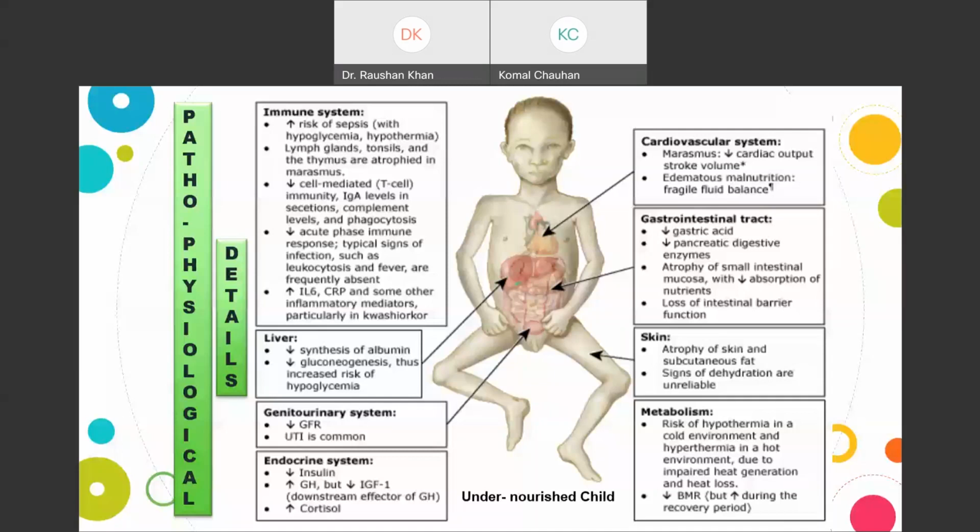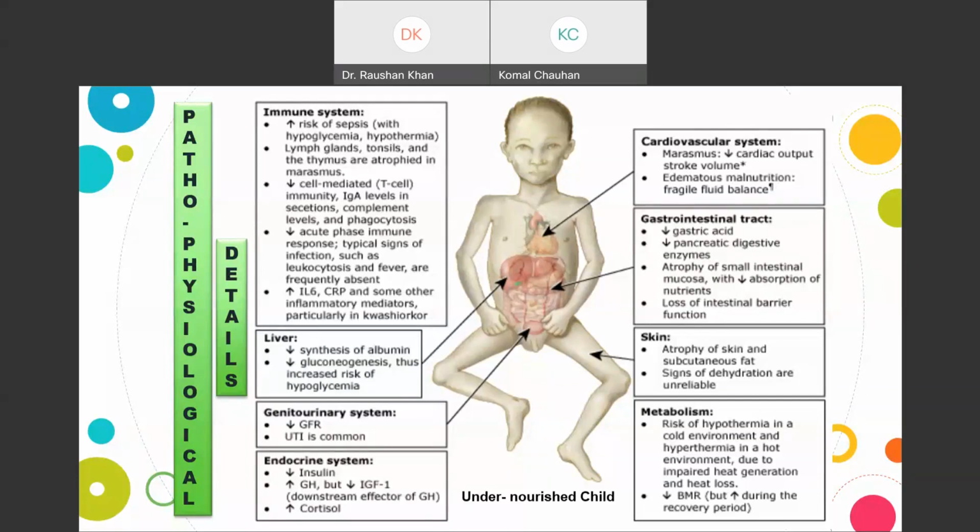Intestinal barrier function is very much necessary if a person is having food and any infection is there in the food, like any bacterial contamination. Like in case of foodborne diseases, we see that the infection is through food. So in that case, the intestinal barrier plays a very important function, and in case of malnutrition, the loss of intestinal barrier is also there, so the child is more prone to have foodborne infections.